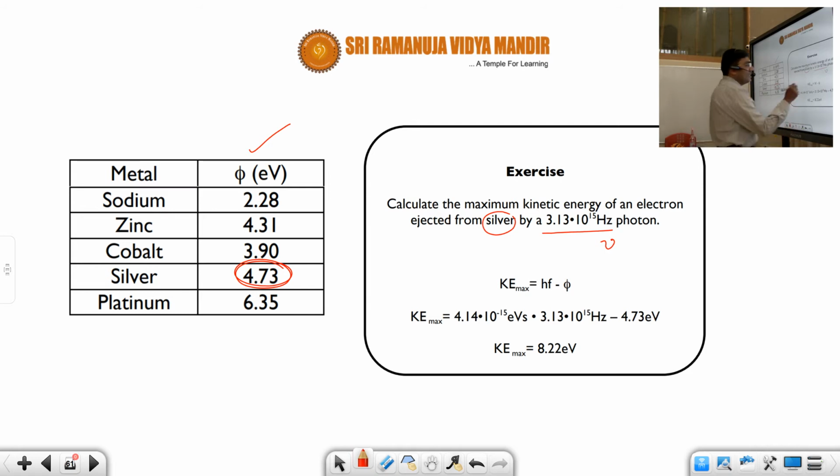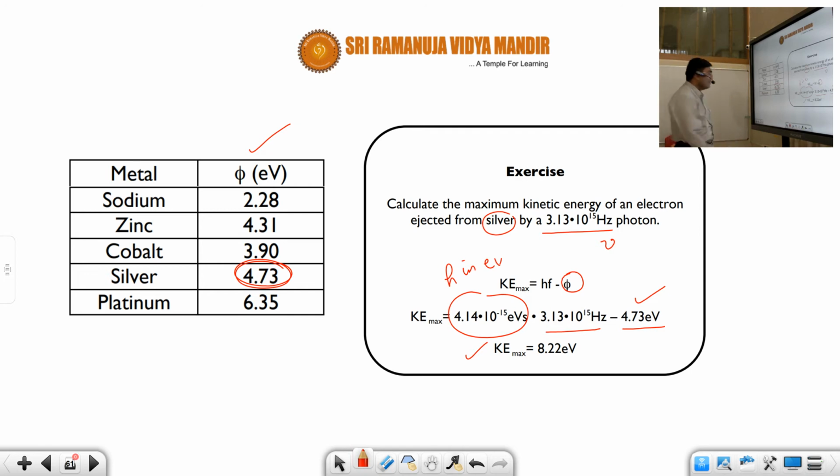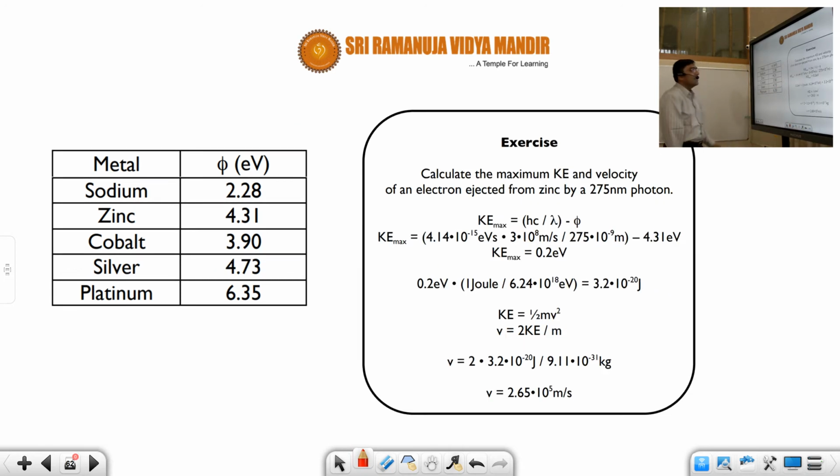So KE is equal to h nu minus the work function 4.73, where h nu is the given value 3.13 into 10 power 15, converted to electron volts. I hope you understood how to find the kinetic energy of an electron.